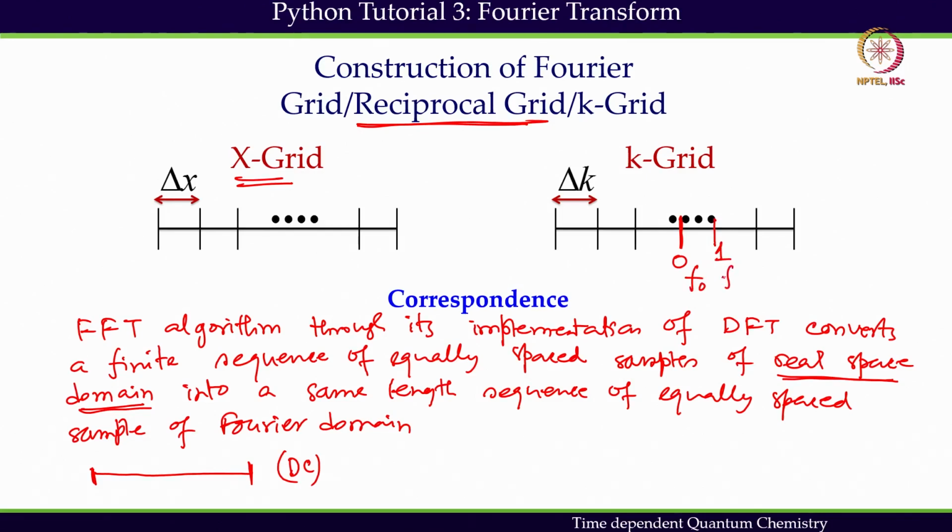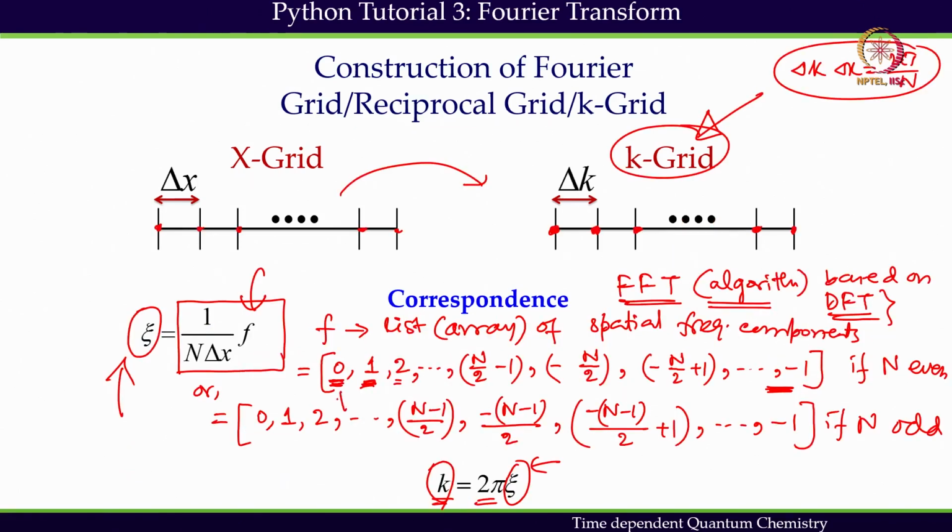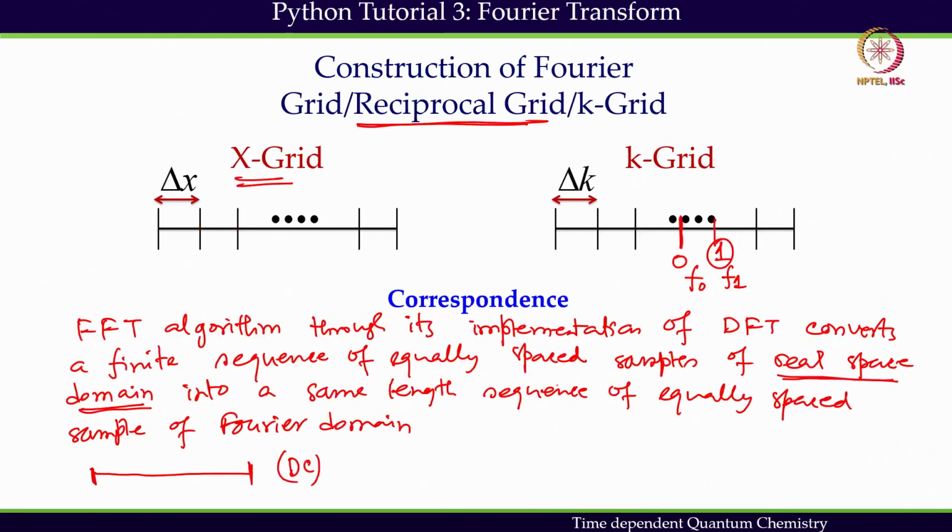So, this is F0, this is F1. This is the frequency component 0, 1, 2, it moves on like this way. So, what do those numbers, those frequency components mean? The first frequency component we are sampling is the DC component, which is 0. Then the second frequency component we are sampling is frequency 1.